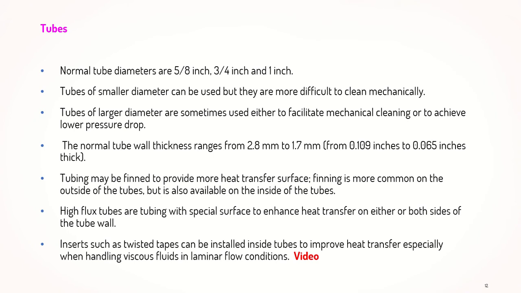It can be done outside of the tube and also inside of the tube. High flux tubes are tubing with special surface to enhance heat transfer on either or both sides of the tube wall. So this is the corrugated tubing. And inserts such as twist tapes can be installed inside tubes to improve heat transfer, especially when handling viscous fluid in laminar flow condition.